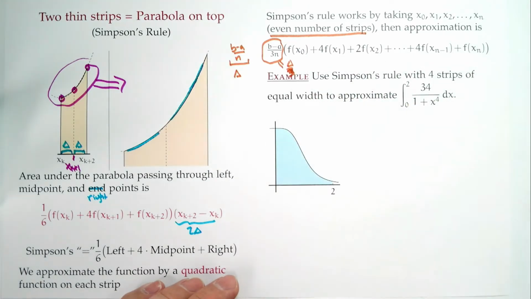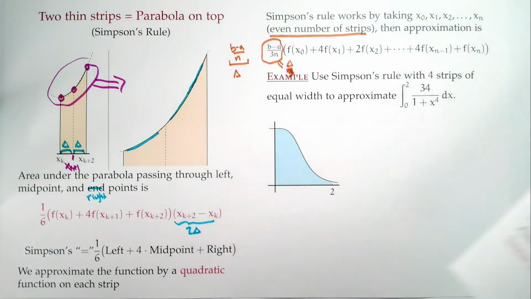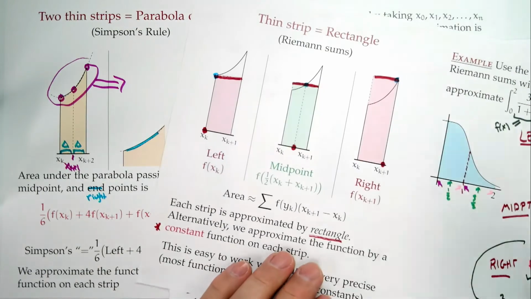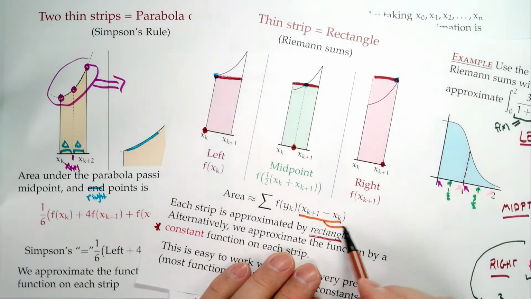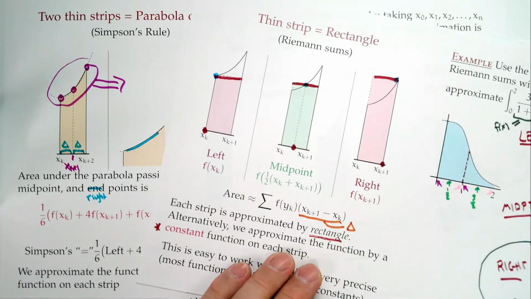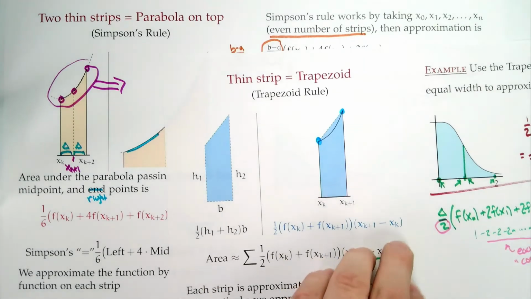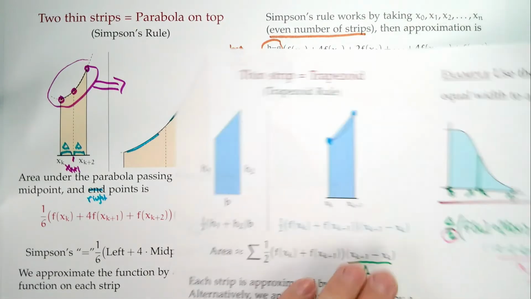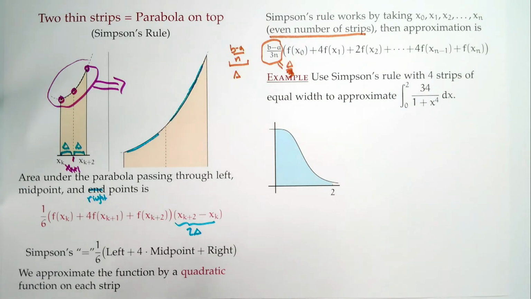Whereas in the trapezoid rule, if you went back there, it was delta over 2. And if you went all the way back, this was just delta. So we went to delta over 2, and now we're at delta over 3. And probably you're thinking, ooh, the next one is going to be delta over 4. Actually, this will be the last one. We're not going to push it much further.